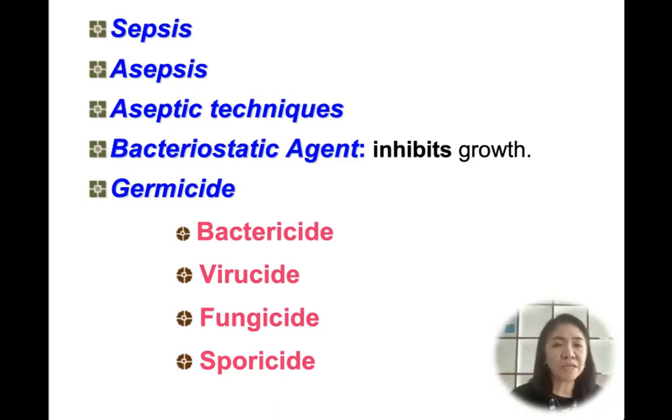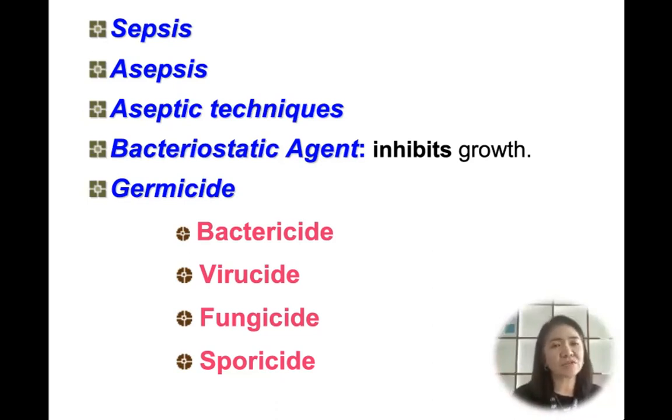We can do this by applying aseptic techniques, employing the use of your disinfectants and antiseptics. Then we have bacteriostatic agents, meaning the organism does not die, but it is inhibited from growing and multiplying, held in suspended animation.